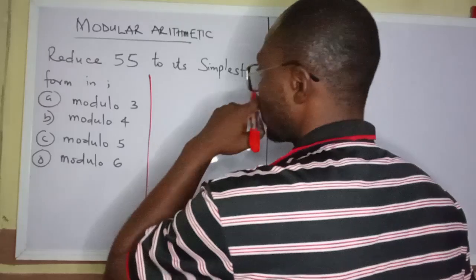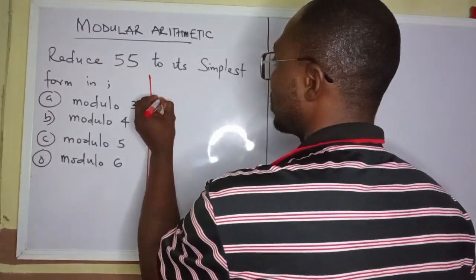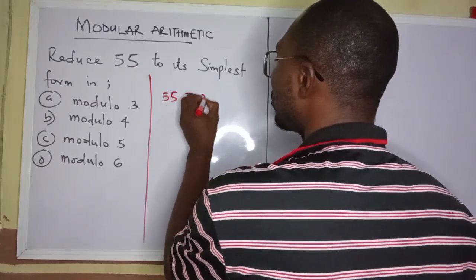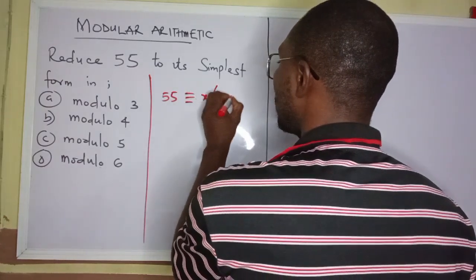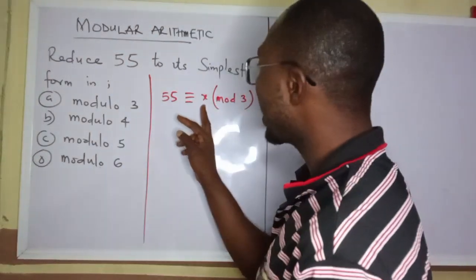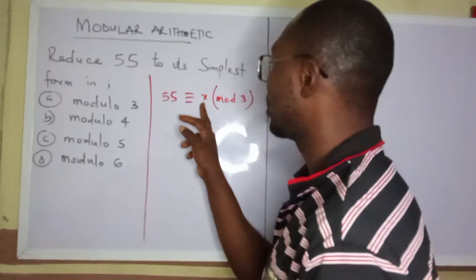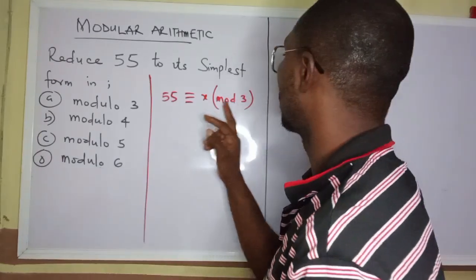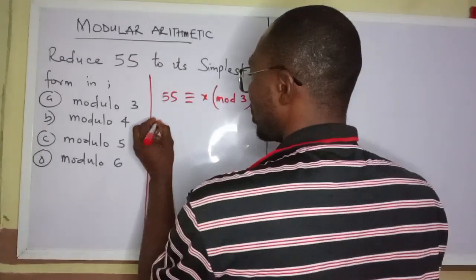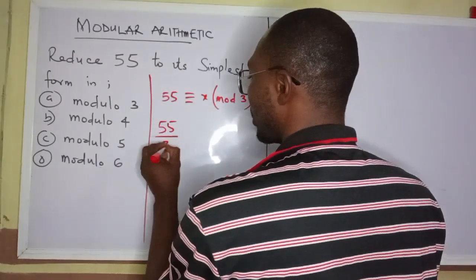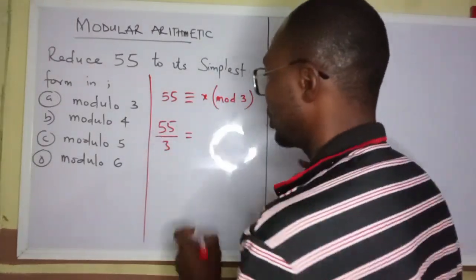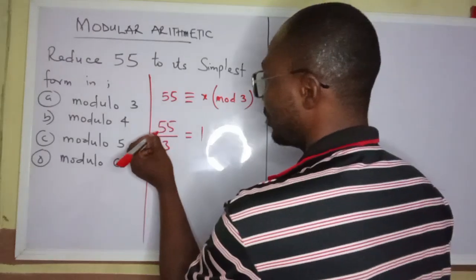So now, 55 is supposed to be equivalent to x in modulo 3. x is the remainder when 3 divides 55. So for us to get x, we say 55 divided by 3. 5 divided by 3 is 1, remainder 2.